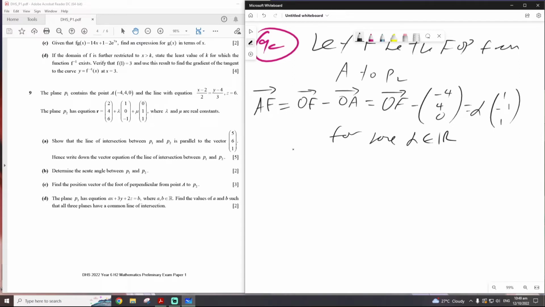And also, OF dot (1, -1, 1), because OF must lie on the plane, right? So therefore, it must also be equal to 4, since the plane is r dot (1, -1, 1) equals 4. Sorry.